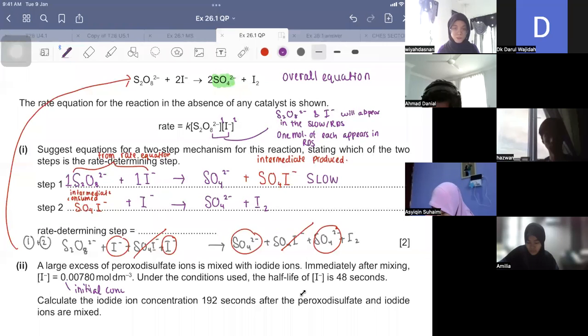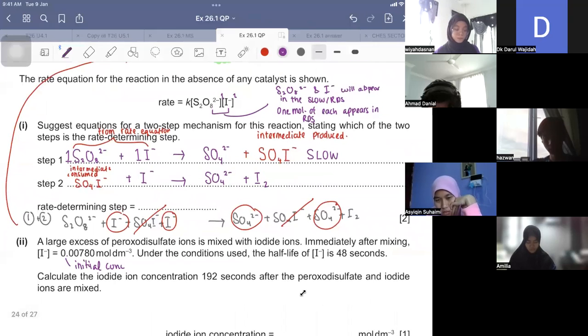So this means that after the reaction has gone for 192 seconds, you want to know the concentration of the iodide ion. Now, the persulfate ions are in excess, so it will be constant, and we're not interested in the concentration of the persulfate ions anyway.